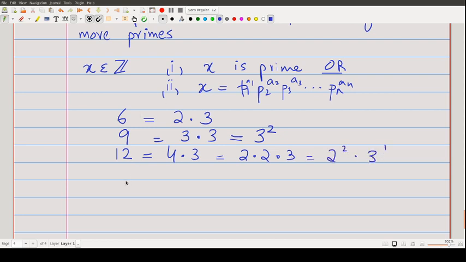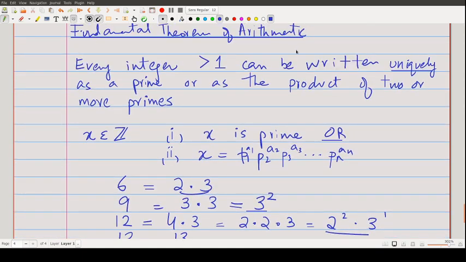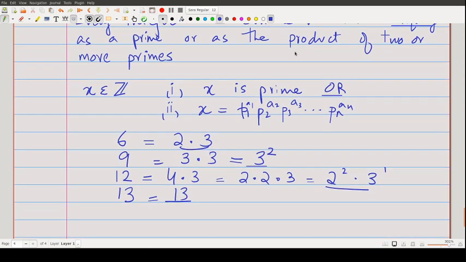Or if you just have a prime like 13, then it's simply prime. So it's either a prime or a product of primes. This is the fundamental theorem of arithmetic. Sorry about my handwriting. So that's something very simple to understand.